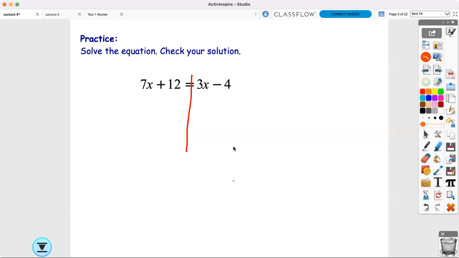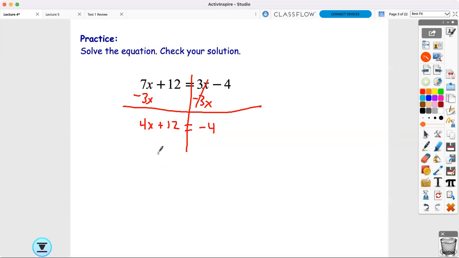Okay, so we can take 3x from the right side and move it to the left side. So you're going to take away 3x from there. Take away. There you go. And then also take away 3x on the 7. Good. And then you get 4x, and then you can rewrite it: plus 12 equals -4.